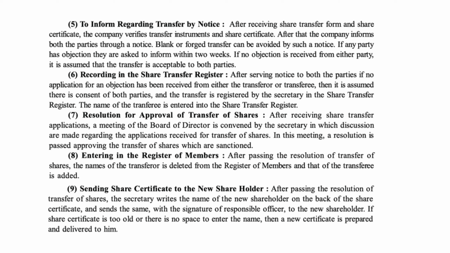On the back side of this share certificate, the company will make an entry that this share is transferred from Mr. ABC to Mr. XYZ on 13 March 2024. This share certificate will be sent to the purchaser at their address. So this is the procedure for physical share transfer.